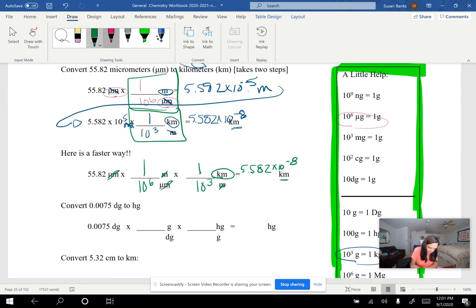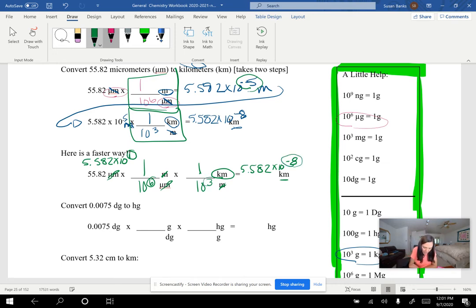Okay, so if I write this in scientific notation, this is going to be 5.582 times 10 to the 1. So I'm going to just look at these exponents. 1 minus 6 gives me a negative 5. And at that first step, I did have an exponent of negative 5. So on my next step, if I take that negative 5 and I subtract 3, that will give me a negative 8.